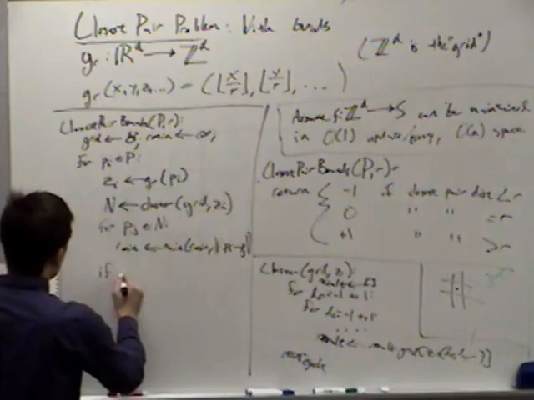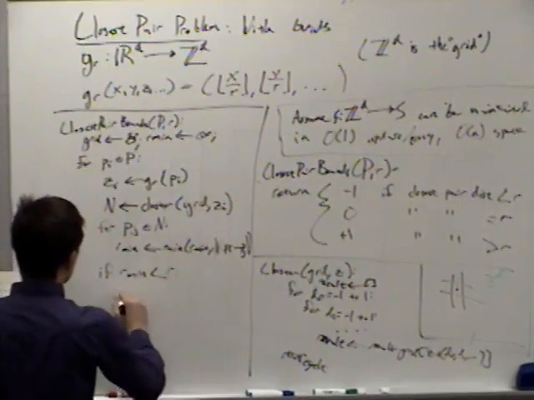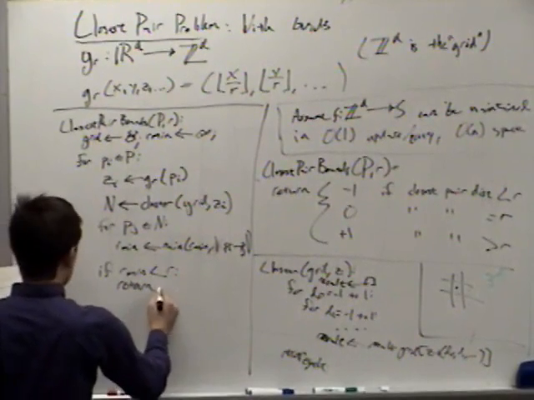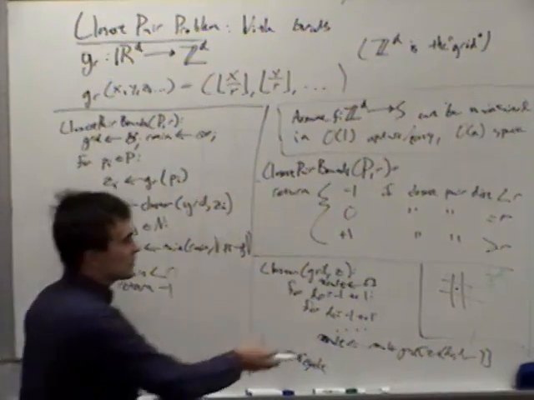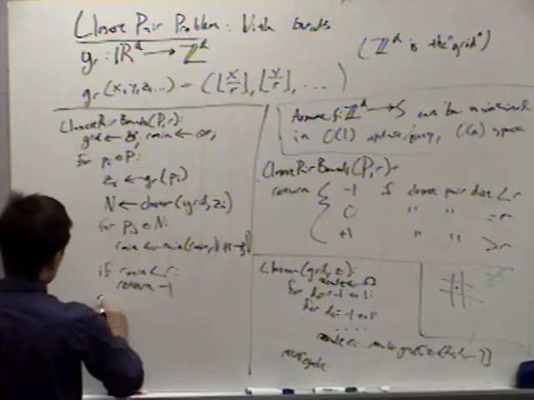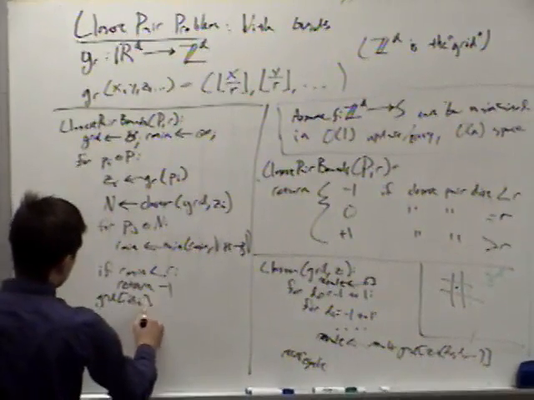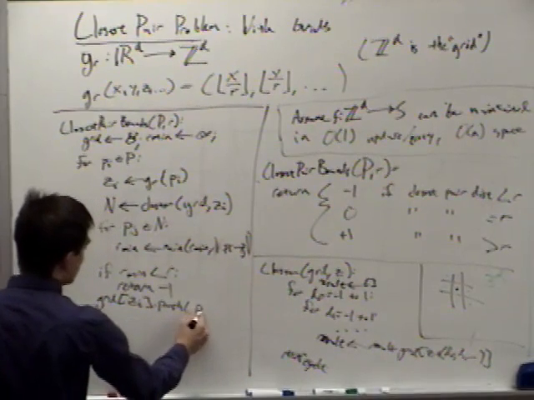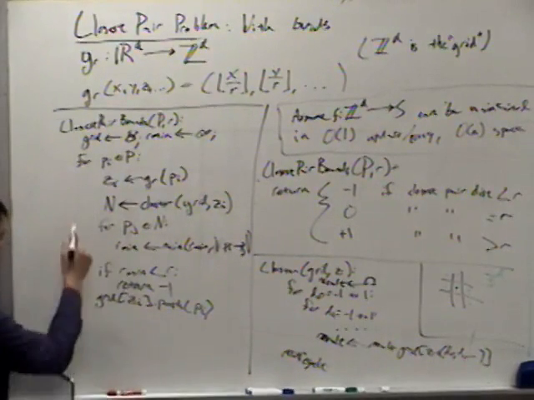And we'll say if r min is less than r, we will return -1, because we've actually found a certificate that the closest pair of points is definitely less than r. Otherwise, we'll take the grid point at z_i, and then we're going to append p sub i to that grid cell. So we're going to basically take them and stick them in the list.